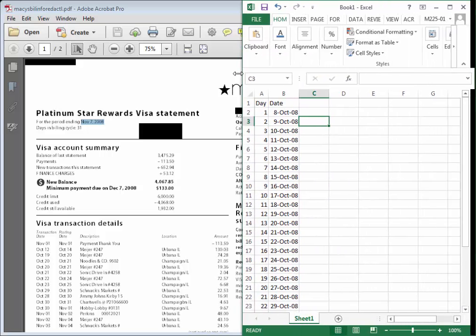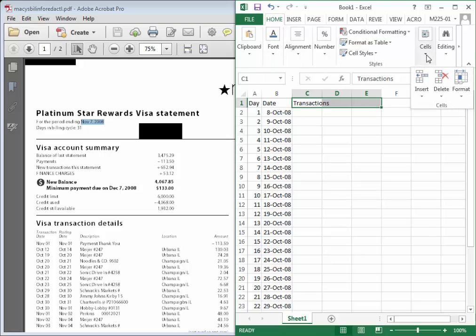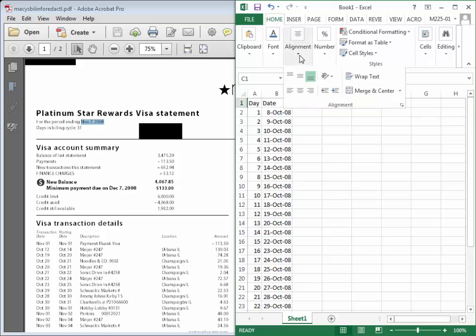Now, I'm going to cover up some of this bill because I don't need to see all this information. And I'm going to list the transactions over here. And I'm going to cover 3 cells for the transactions.